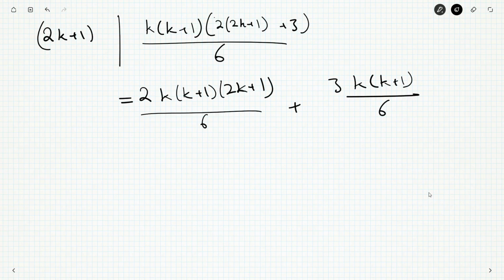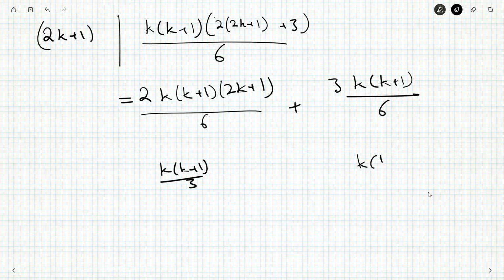Okay. So, what can we do now? So as long as k times k plus 1 over 3 is an integer, this first part will be a multiple of 2k plus 1.